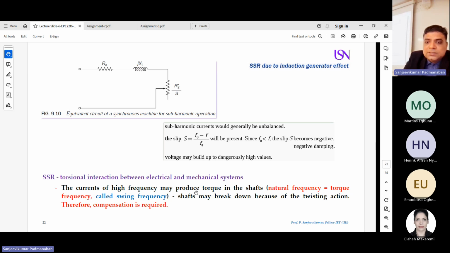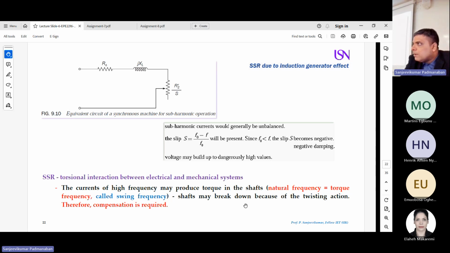So if this subsynchronous resonance makes a flow on your torque, the torque will become equivalent to your natural frequency. As I said in the example, you should not reach your natural frequency, the system will collapse, any system in nature. So obviously your shaft may break because of the twisting action. For example, if your shaft is rotating in clockwise direction, because of the subsynchronous resonance, it starts to rotate also opposite to the clockwise, anti-clockwise.